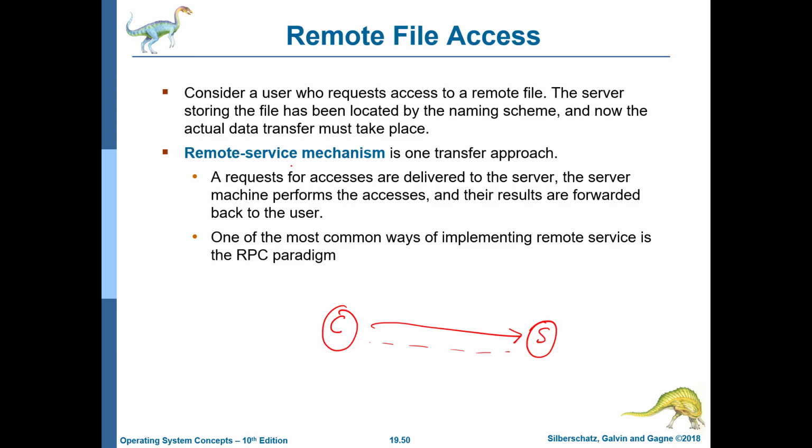The remote service mechanism is one such transfer approach where you send a stream of requests for accesses. The server does that and forwards it. And we have already seen the remote procedure call as one of the ways of doing so.